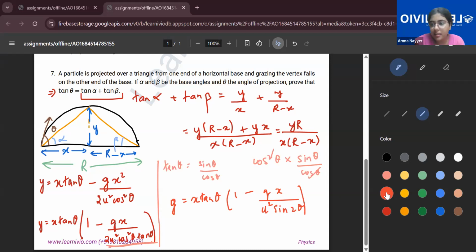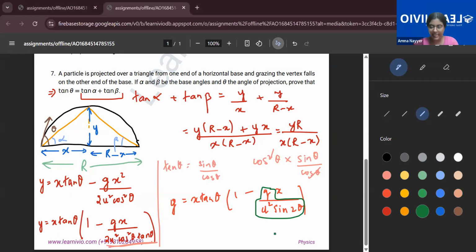Now, from here, is there anything coming to your mind by looking at this? Anything you can think of? Like what we have studied, is it related to something? Inverse of range.